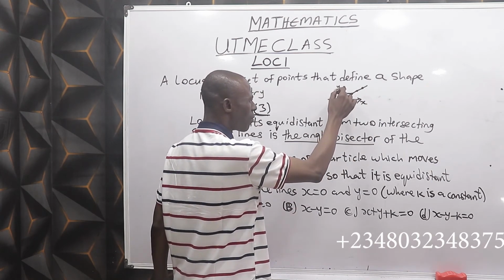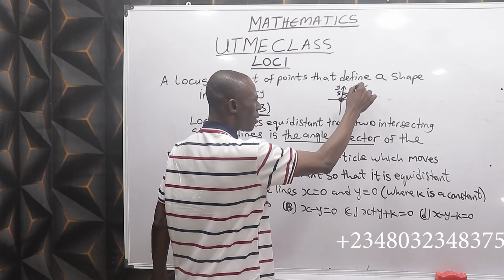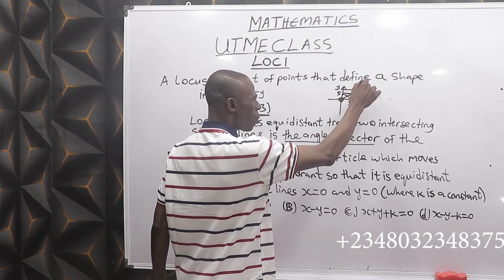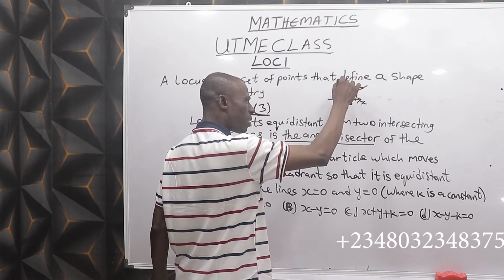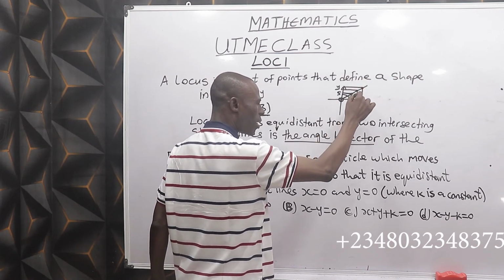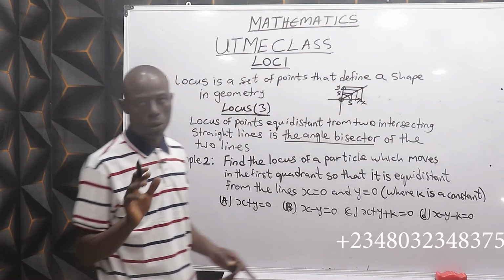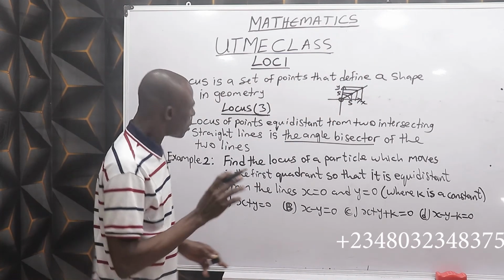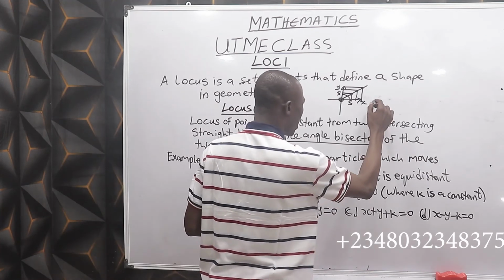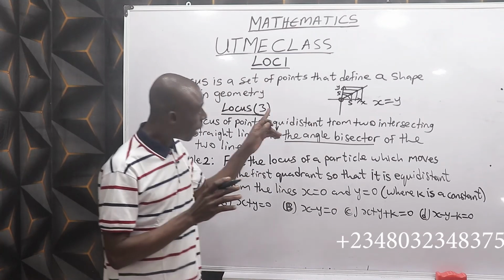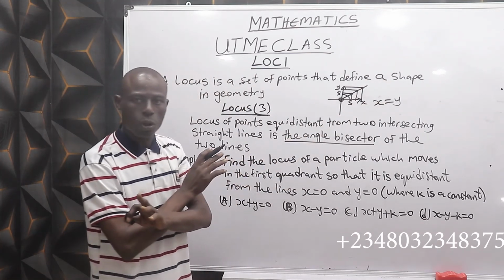If it is 5 here, it's going to be 5 here. If it is 7 here, it's going to be 7 here. So x and y are always equal along that locus. Do you understand? Therefore, the answer will be that x is equal to y.